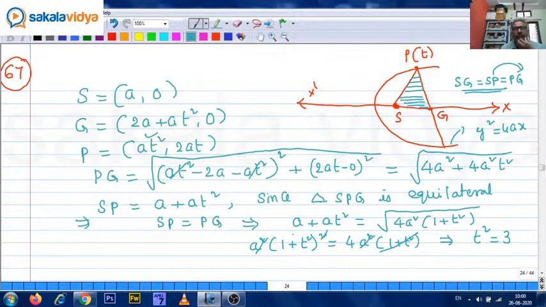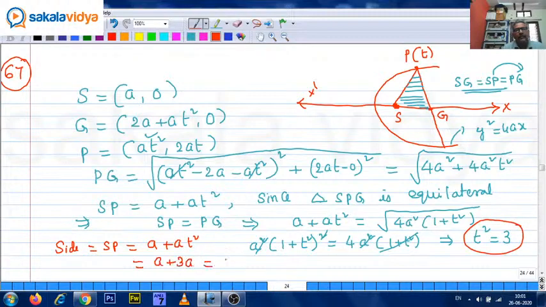What do we need to find out now here? The side we need to find out. Find out SP. So side equals SP. SP equals a plus at square. See, t square equals 3. Substitute here, a plus 3a. So the length of the side of the equilateral triangle is 4 times a. This is the answer, 4a, not 2a.